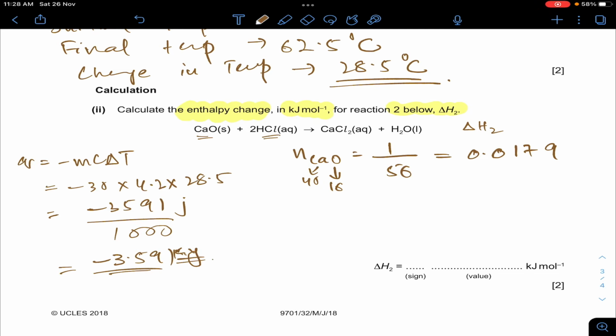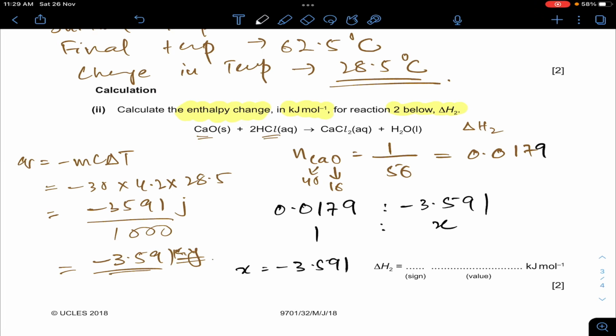Finally, we are going to calculate the kilojoules per mole. So again, we can make the relation that when we added 0.0179 moles of calcium oxide, the amount of energy released is minus 3.591 kilojoules. So what if we add 1 mole of calcium oxide? That would be equal to minus 3.591 divided by 0.0179.